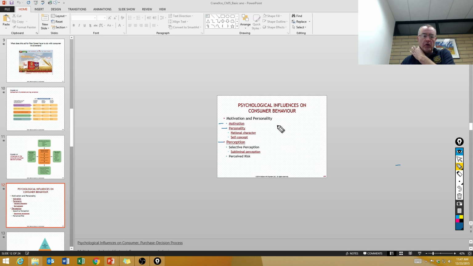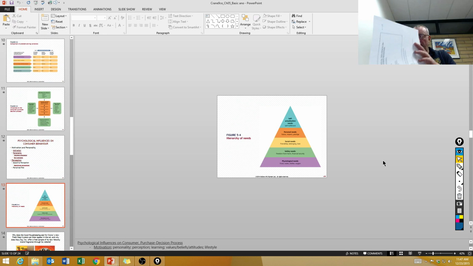Okay, so motivation. The book defines motivation as the physiological felt force that drives behavior towards need satisfaction. And there's a little model in the book here, a model of need satisfaction, and it comes from a fellow by the name of Maslow.